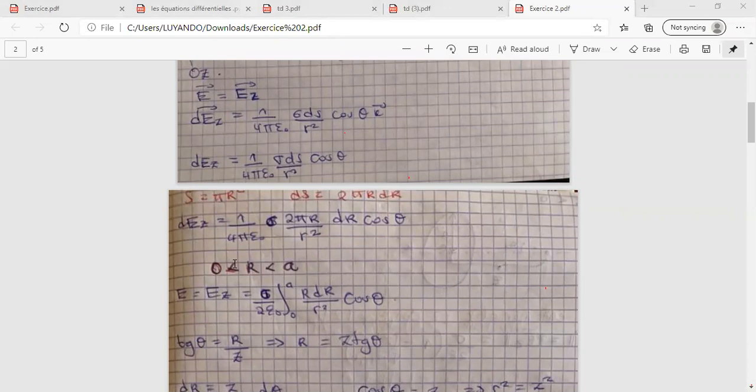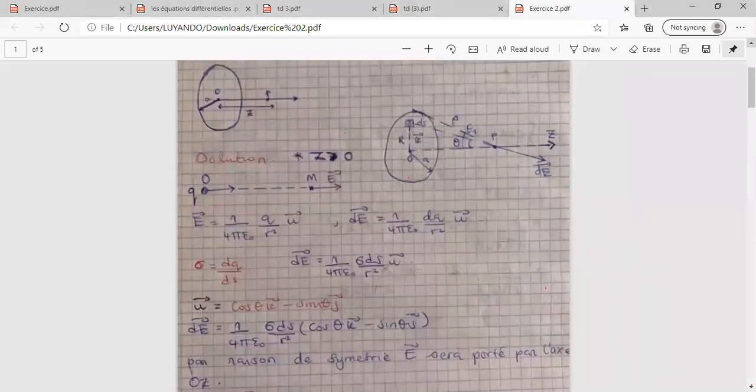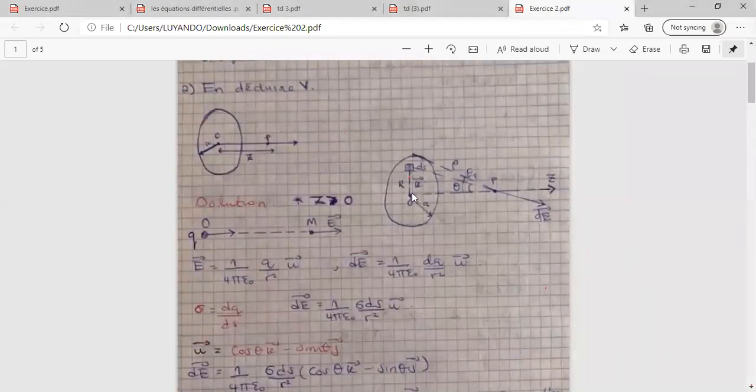In our direction Ez, we have 0 is less than r is less than a, which is what I've indicated here. So we have our a, and we have 0 is less than r is less than a.